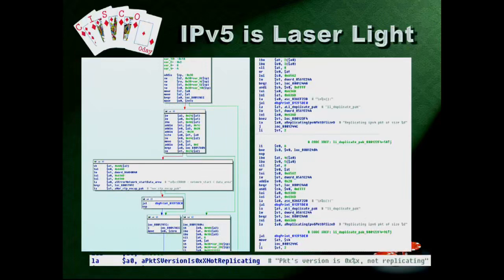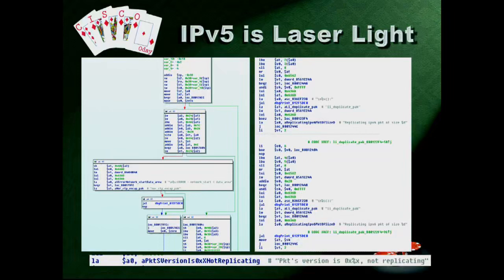Now, on the VoIP thing, this being an application layer gateway, we have similar code. See this here saying network start is below data area. So there's a very simple way, which will be obvious by now, how to encode your voice stream over SIP or other teleconferencing modes, so that the packet gets not copied.